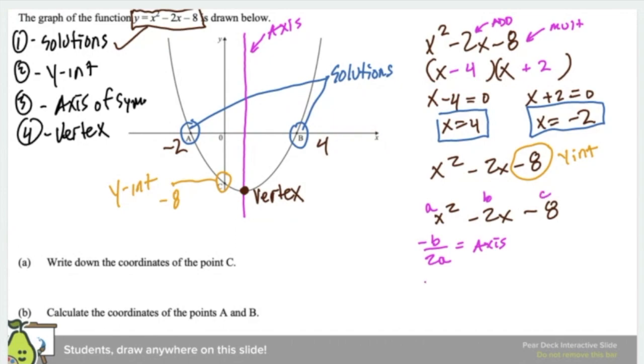So I have b is negative 2. So negative of negative 2 over 2. a is 1 because there's nothing in front of x. That's going to give me 2 over 2, which is going to be 1.